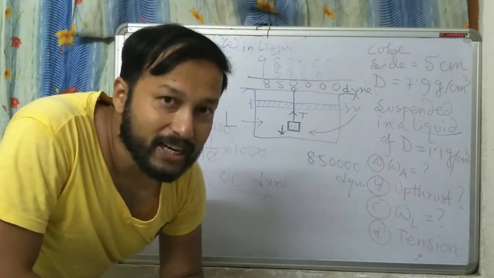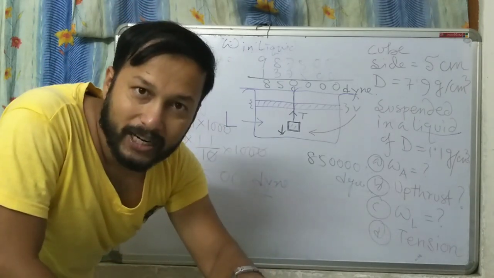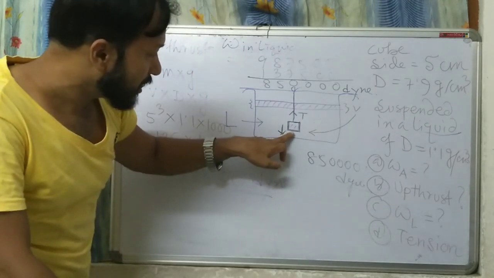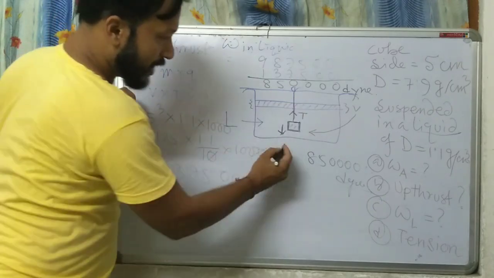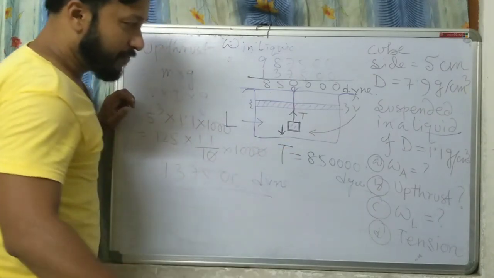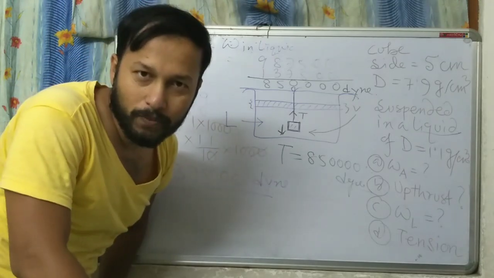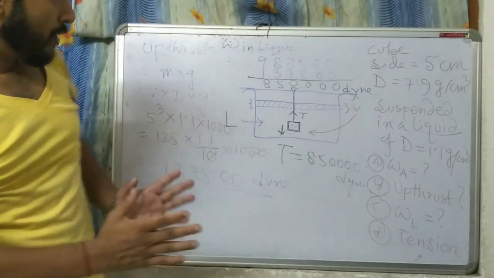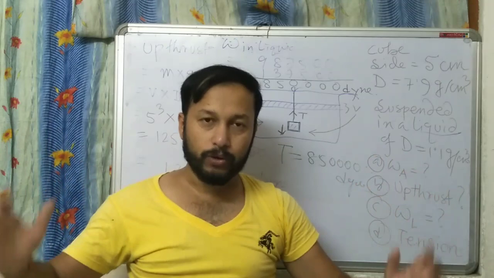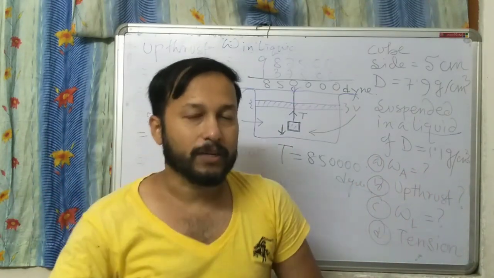Tension of the thread is the weight of the object in liquid. So tension equals 850000. Understood? And here all the units are in CGS system.